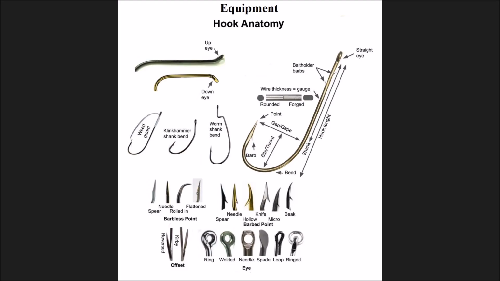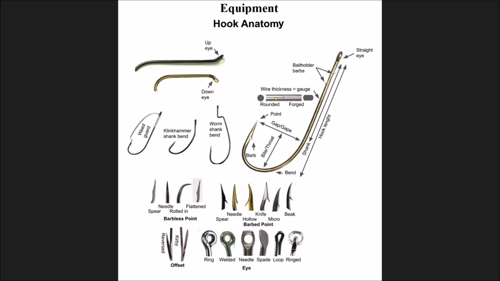Again, equipment anatomy. You'll see this on the test. There is an eye to the hook. You have the eye, the shank, the bend, the barb, the tip. The space between the tip and the shank is the gap. The space between the bottom of the bend and the tip is the bite or the throat.